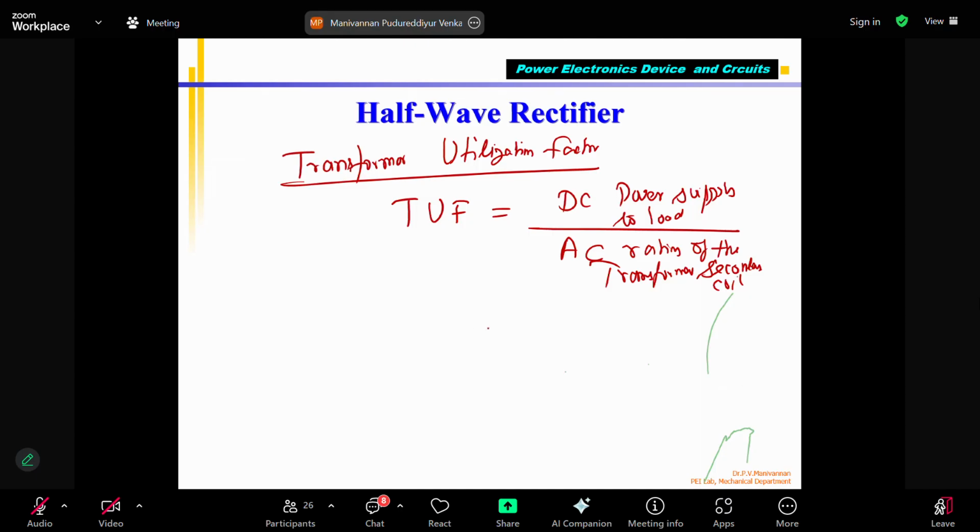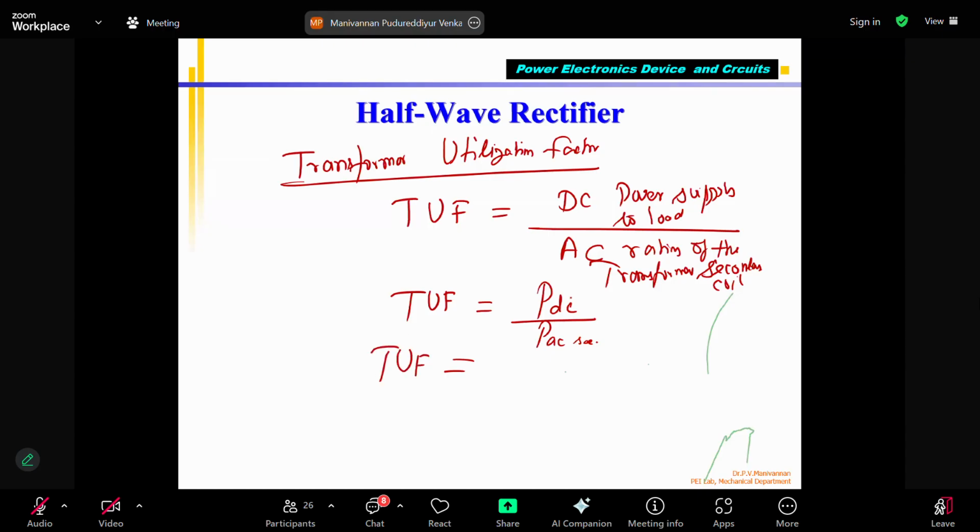Generally TUF is written as PDC divided by PAC secondary. This can be expanded in terms of current.